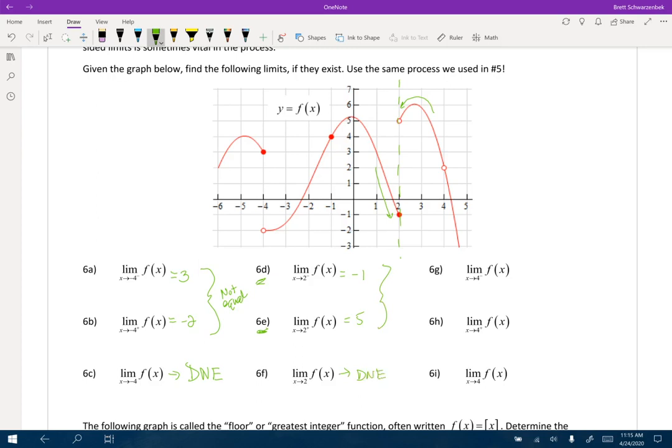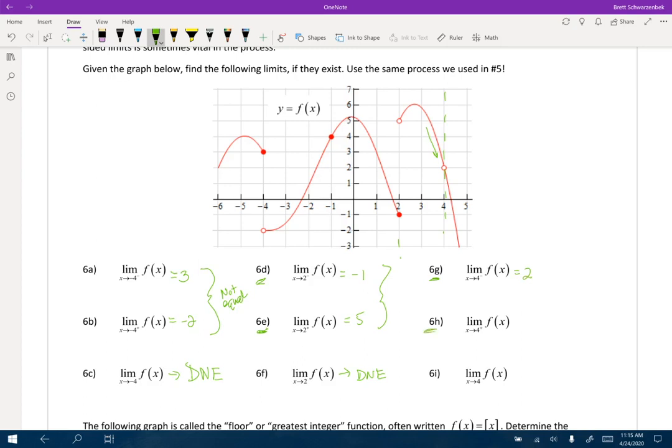It seems to be a pretty standard pattern that we've got going on here. Finally, let's look at this last one. Let's look at the number 4, which is over here. If we're approaching 4 from the left of this barrier, we're on this line right here. It looks like we're approaching a height of 2 when we reach the barrier. What about on this side?